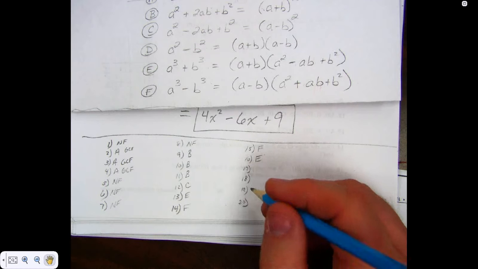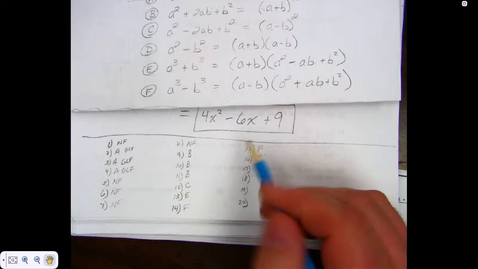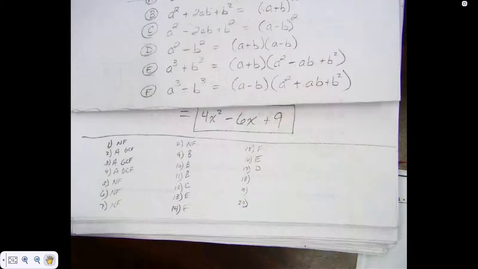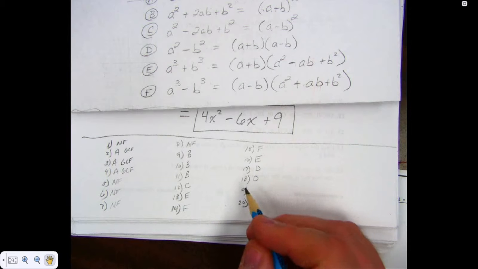Well, how about 17? It's something squared minus something squared, so that would be like D, wouldn't it? See how it's something squared minus something squared? Don't talk, listen. 18. It's like D too, isn't it? 19. 20.